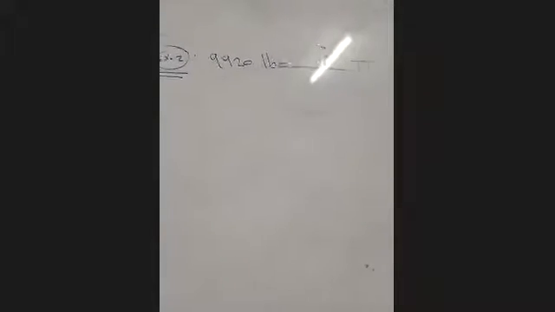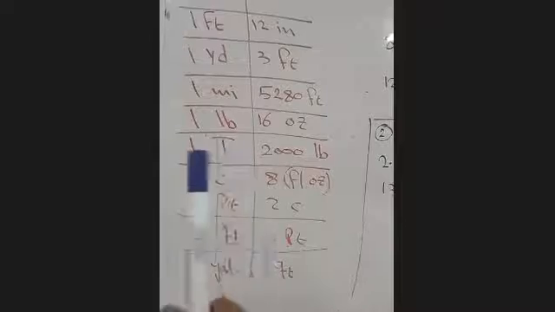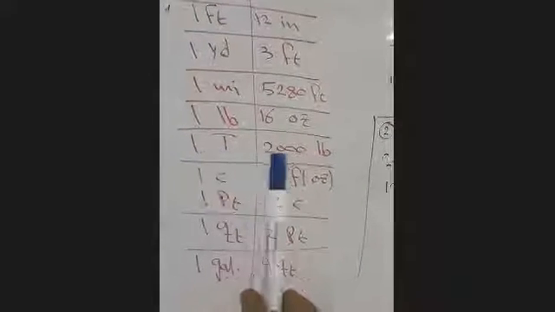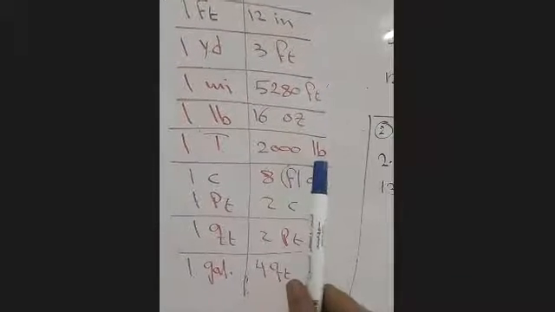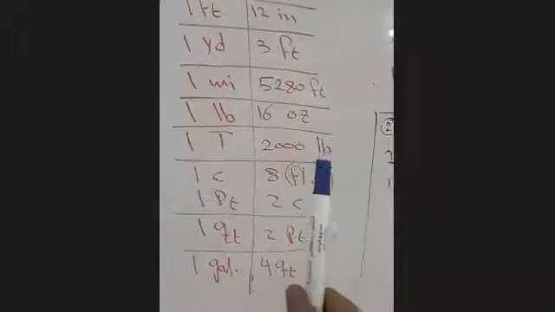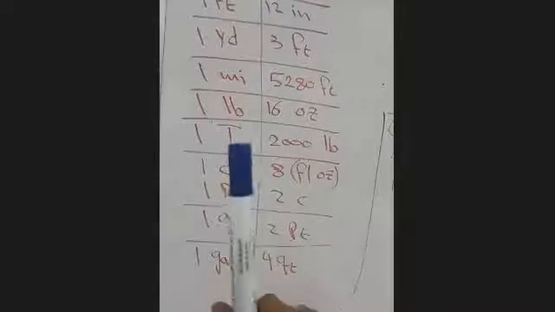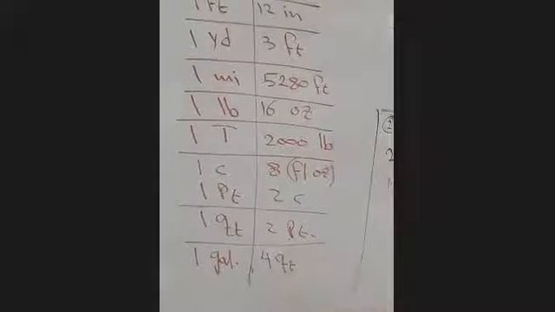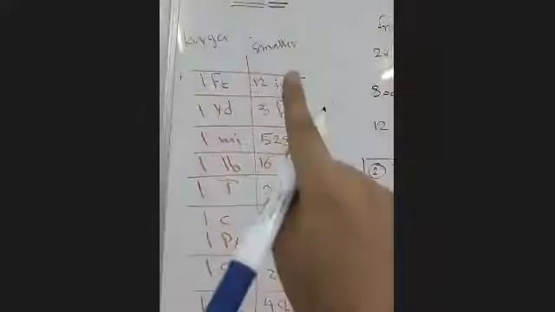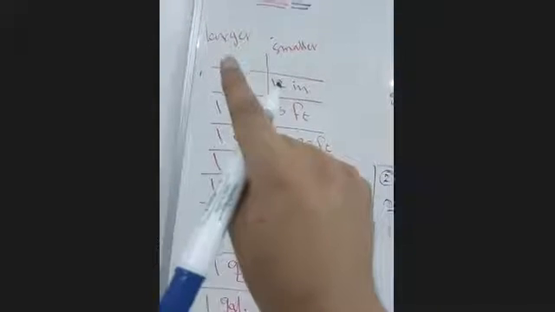I will go where? To my table. Do I have a direct relationship between tons and pounds? Yes, I have. 1 ton equals 2,000 pounds. Now I want to turn from pounds to tons, not from tons to pounds like yesterday. Today I'll go from the smaller to the larger.